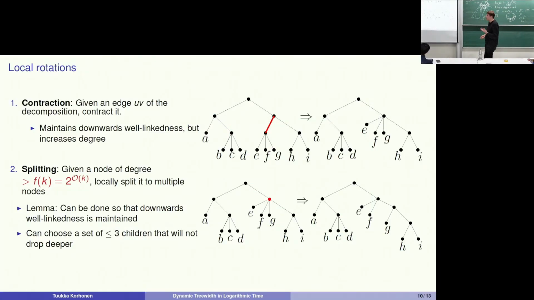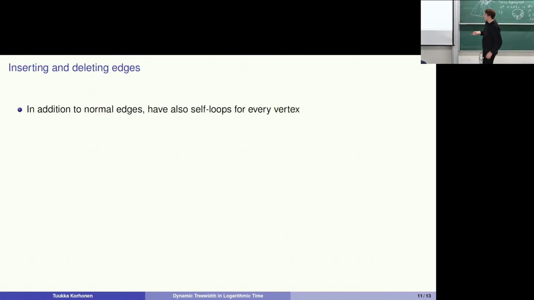And now our goal is to support edge insertions and edge deletions, and maintain the invariants that we want to maintain. So okay, let's go to inserting and deleting edges. And here we have some technicalities.